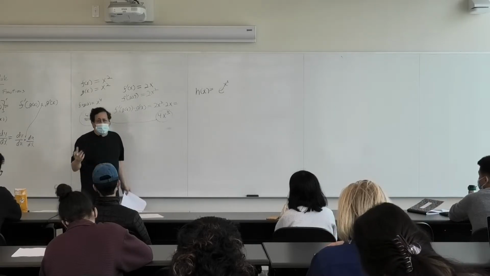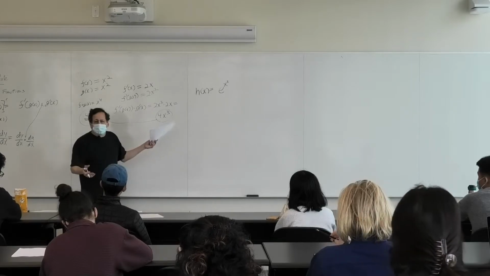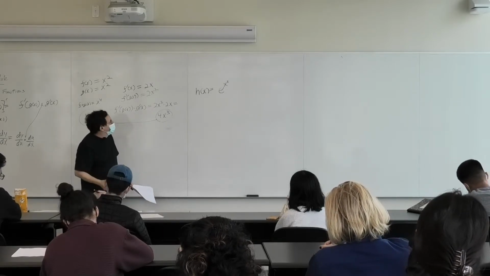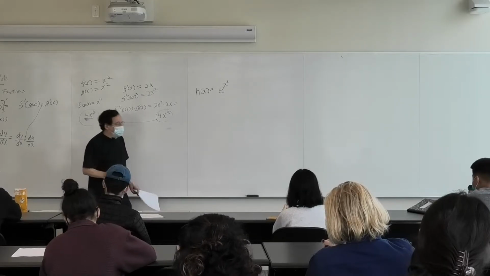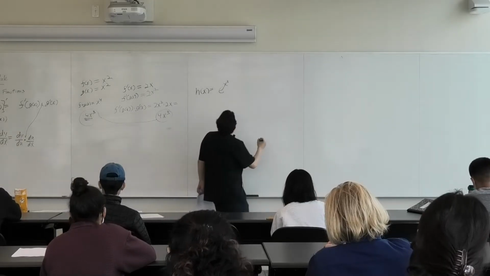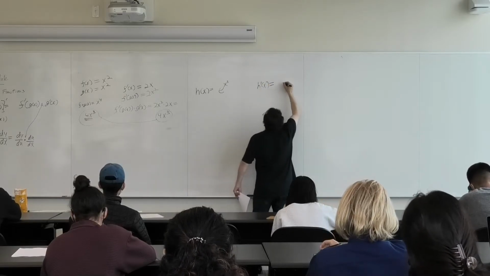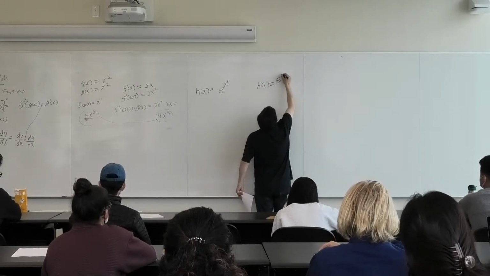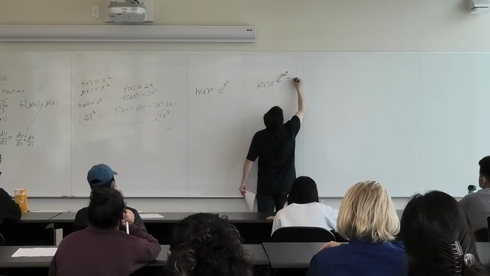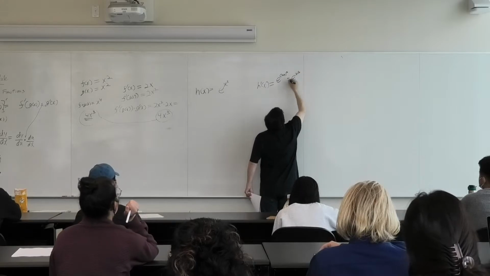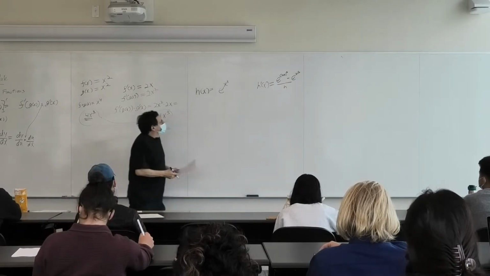I mean, we know e to the x, we know x cubed, but we really don't know what to make of that at first sight. I mean, we definitely don't want to go back to our definition, right? H prime of x is e to the x plus h cubed minus e to the x cubed over h, and then find the limit as h goes to 0. That would be painful.